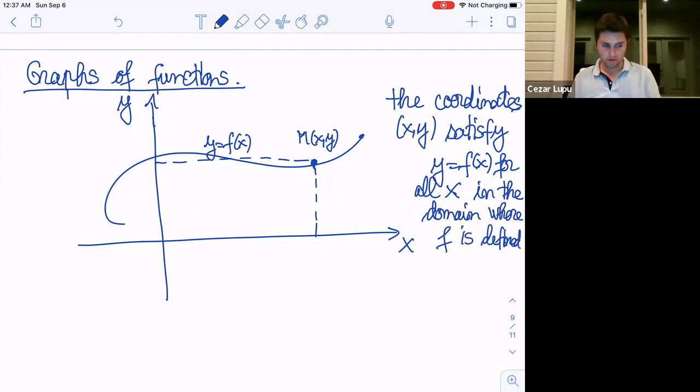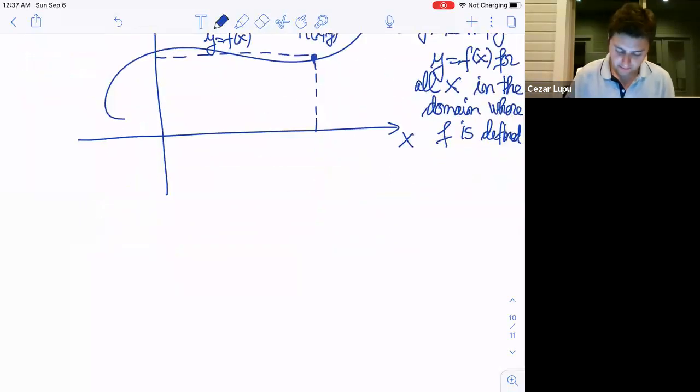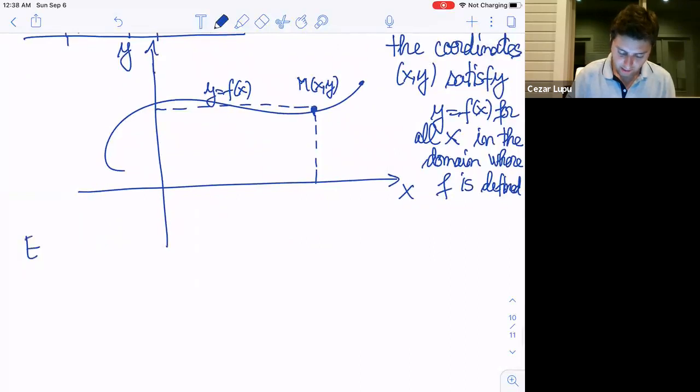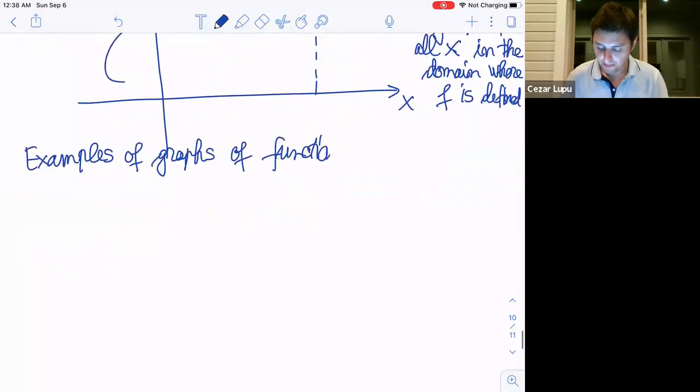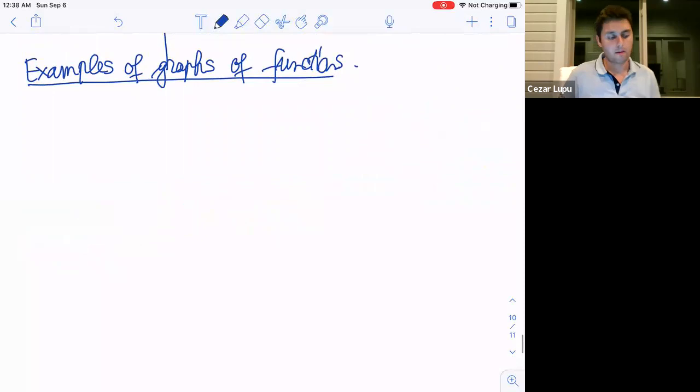Okay. Now let me draw some pictures, some examples of graphs of functions. Okay. Let's see. For example, the first one, let's draw a line.